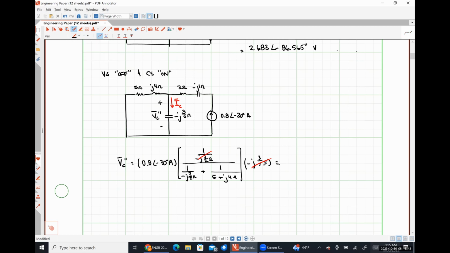And so that's going to leave me with 0.8 angle negative 30 times 1 over minus 1.5i plus 1 over 5 plus 4i.